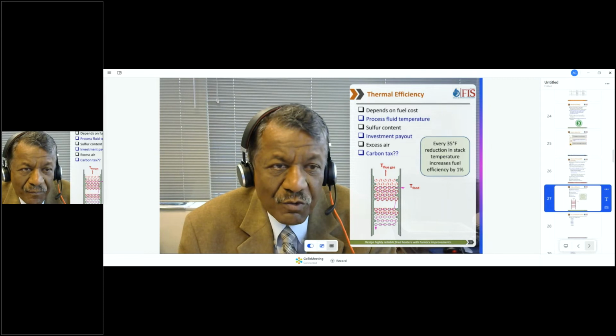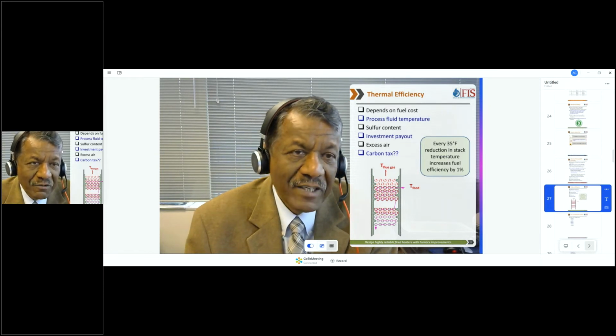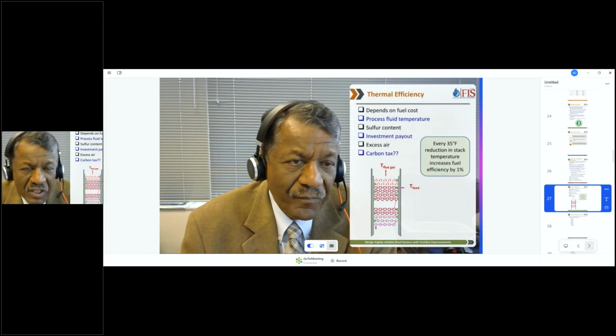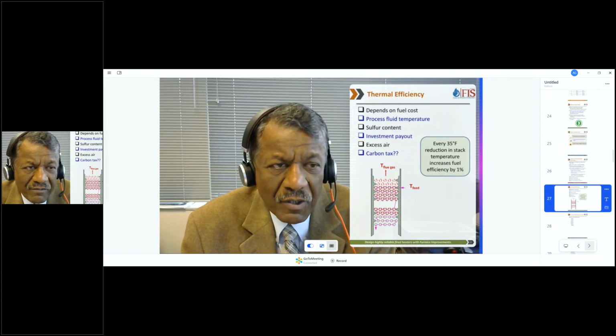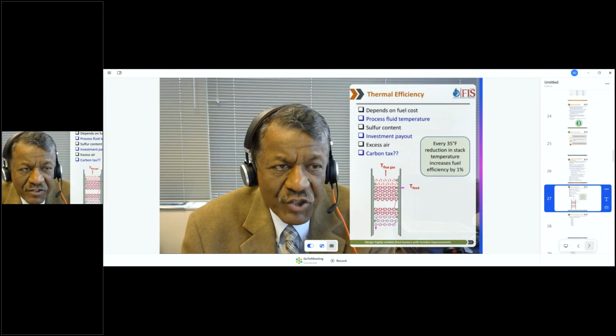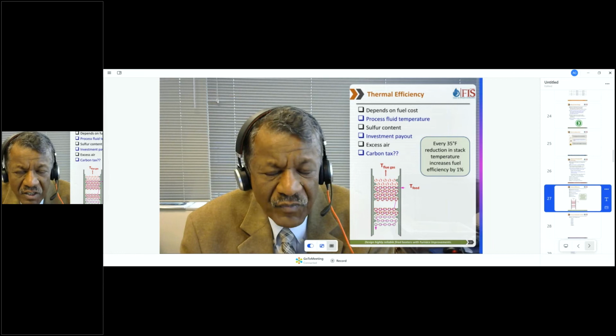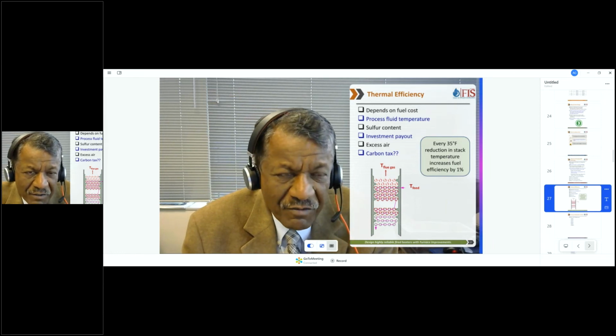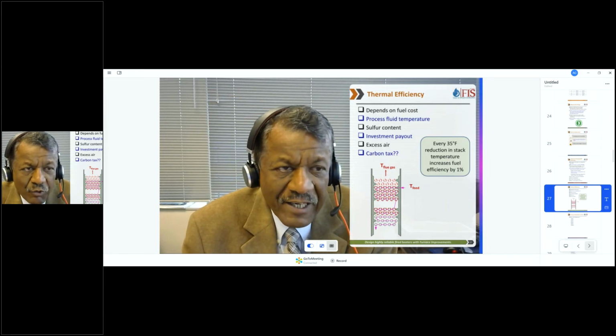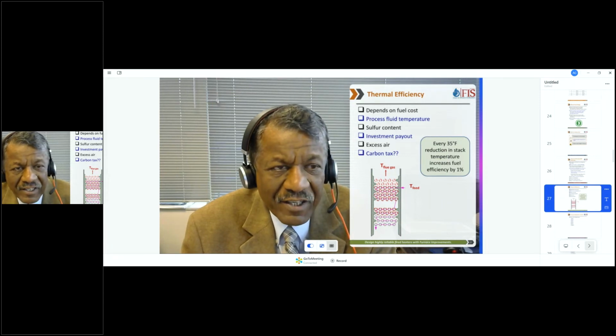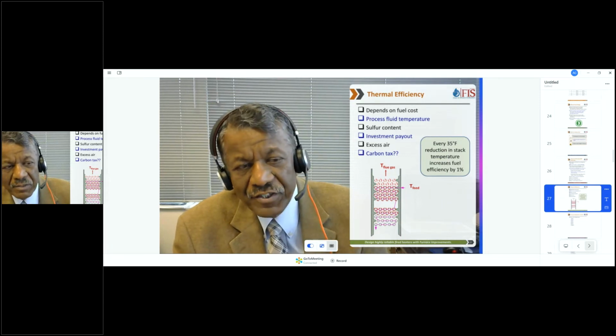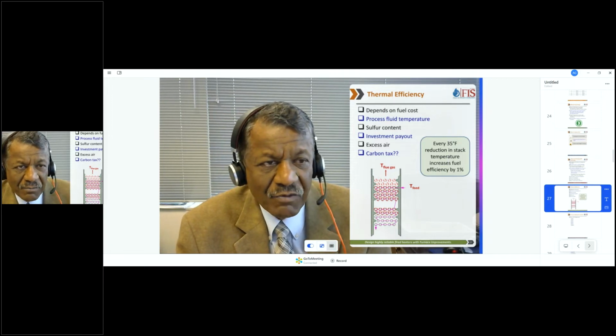Excess O2, and then of course the carbon tax. So there are so many things. But to give you a thumb rule, every 35-degree reduction in stack temperature will improve the efficiency by 1%. It's basically like every 20 degrees centigrade. To all my friends in India, it's 20 degrees centigrade. So if you reduce your flue gas temperature by 20 degrees centigrade, you will get 1% improvement.